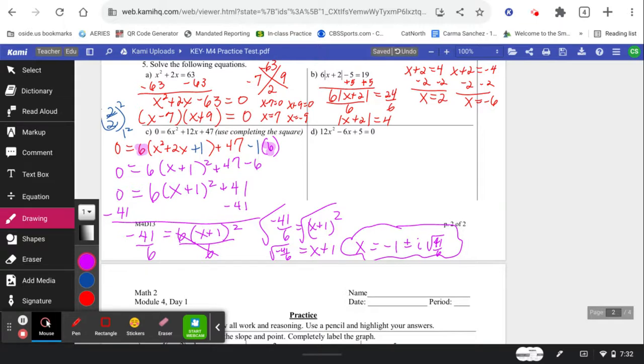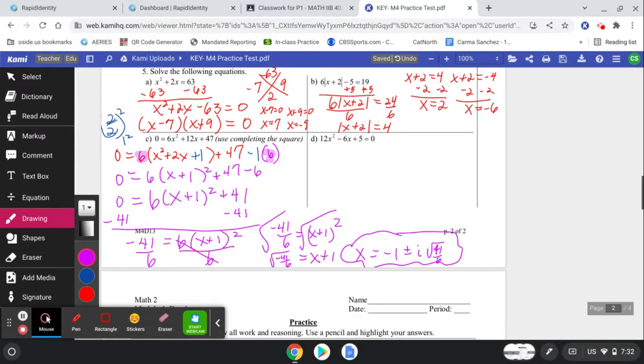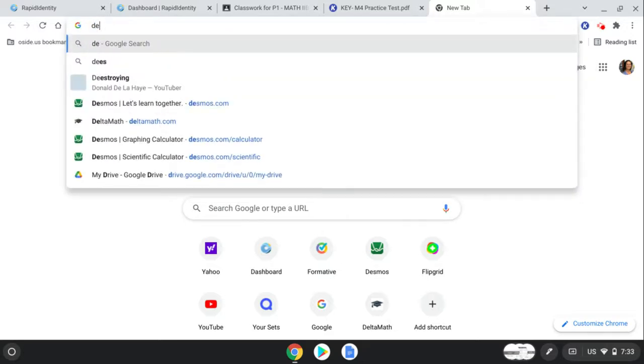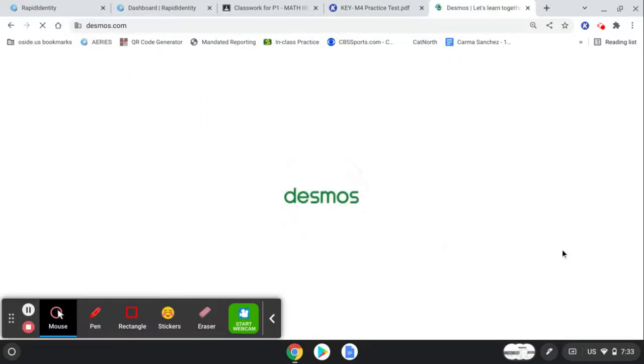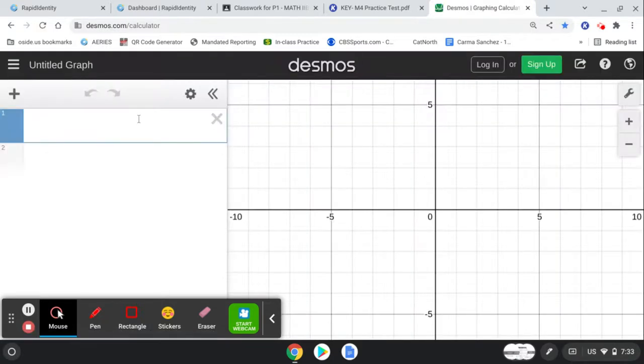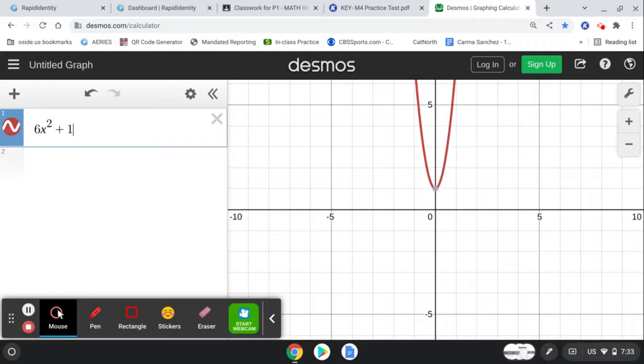I want to pause on that one and go to Desmos for a second just so we can visualize what the heck that looks like. 6x squared plus 12x plus 47. Like, where'd the graph go?